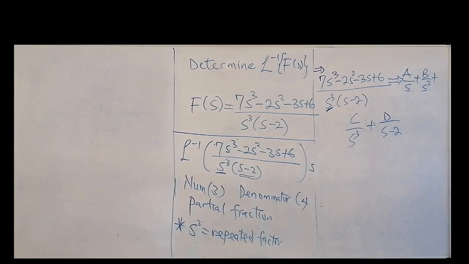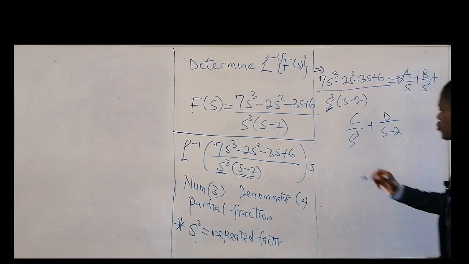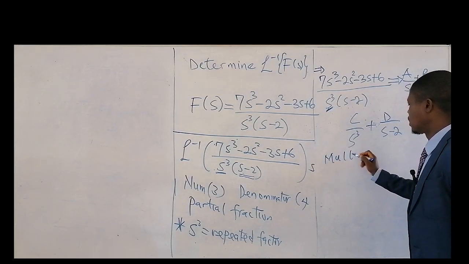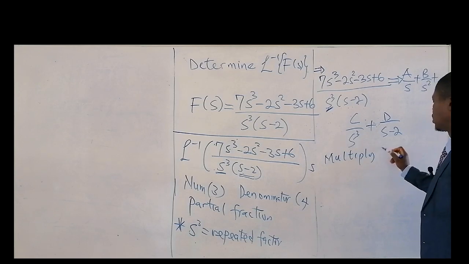Then the next thing to do is to multiply through by the common factor.